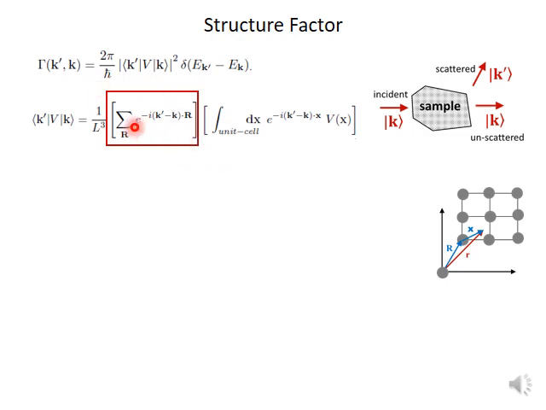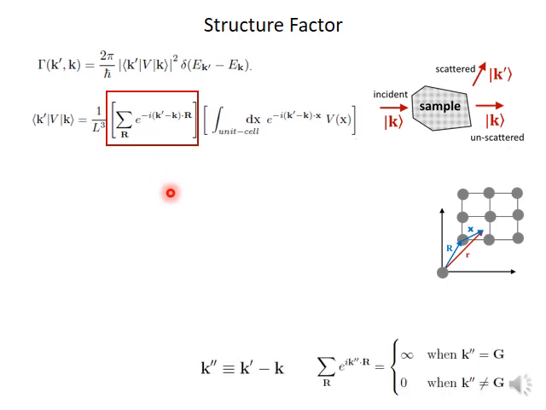If you remember, we have already seen such a summation in the last module. If you define k prime minus k as another vector k double prime, then we saw last time that this summation gives you infinity whenever k double prime equals g, a certain reciprocal lattice vector, and it gives you 0 whenever k double prime is not equal to g. The only difference between this and the sum over here is a minus sign, but you can appreciate that the minus sign in the exponent doesn't change this scenario.